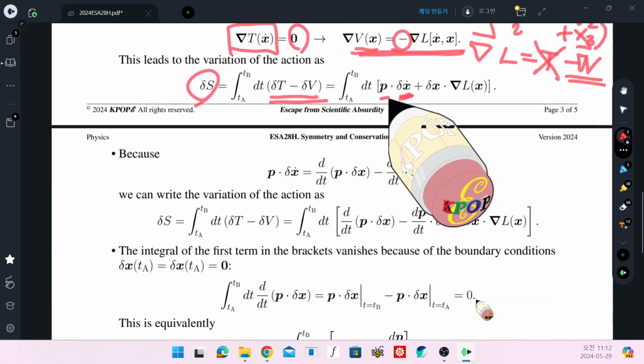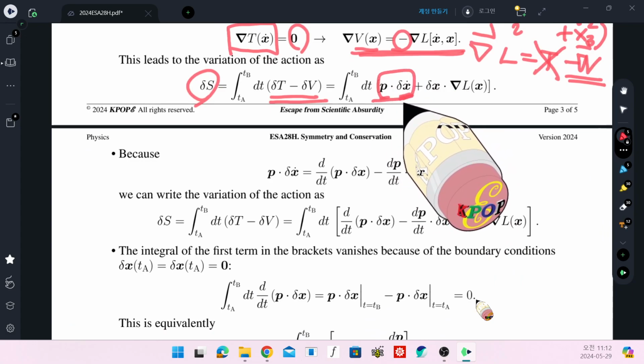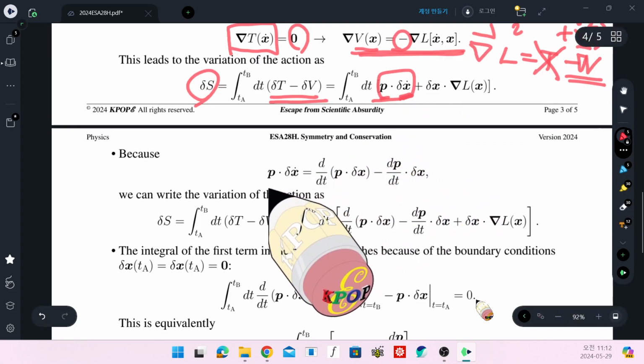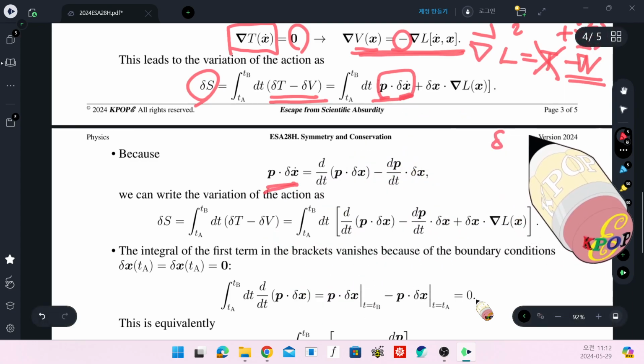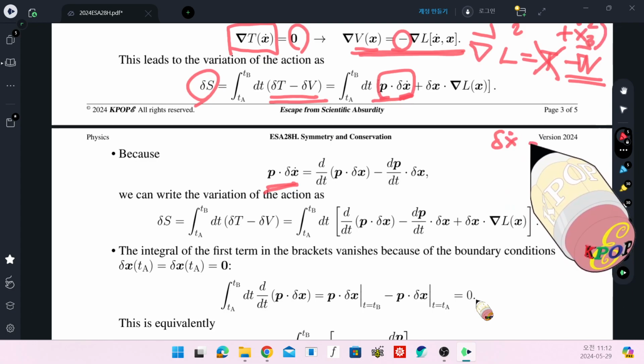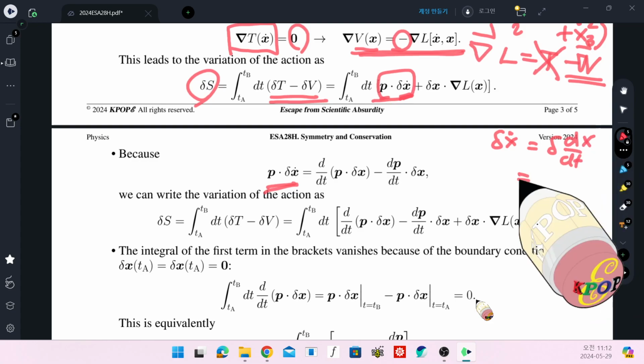All right, what about the first term in the integrand, p dot variation of the velocity? We can assume that this is, because x dot is delta, this, and they commute.